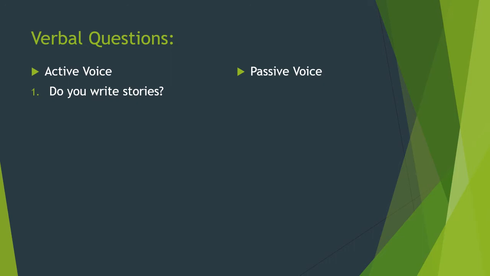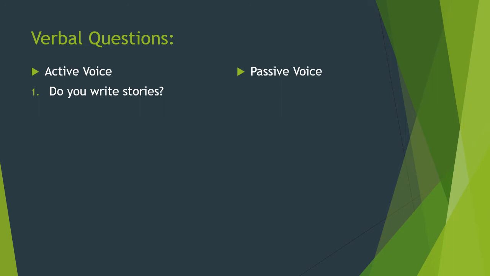What is the tense of the verb? It is do write, so is or are, the to be form, is used. Subject and object are to be exchanged. Stories will be the subject in the passive and you will be the object in the passive.